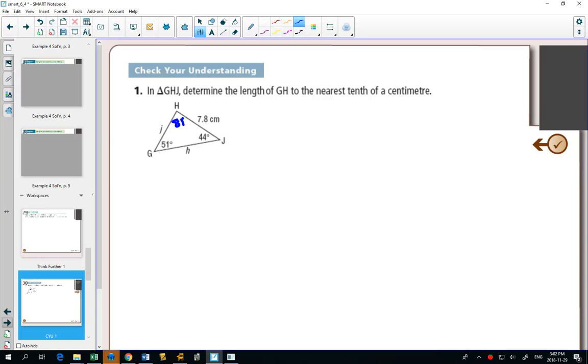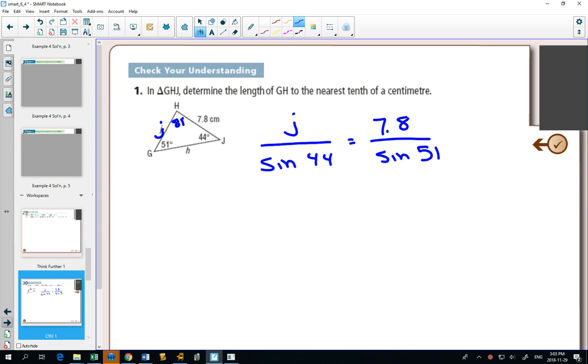We want to find little letter j. G to h is little letter j. So whatever you're trying to solve for with the sine law, you put that first over sine of the opposite side. And you use the ones that you know. We know 7.8, and its opposite one is sine of 51 degrees.